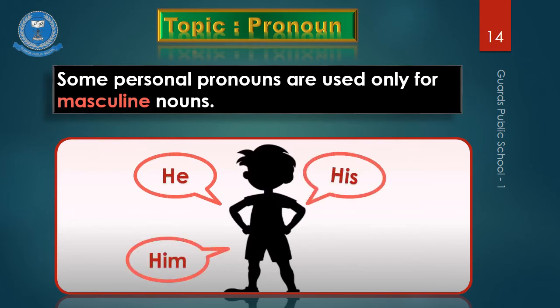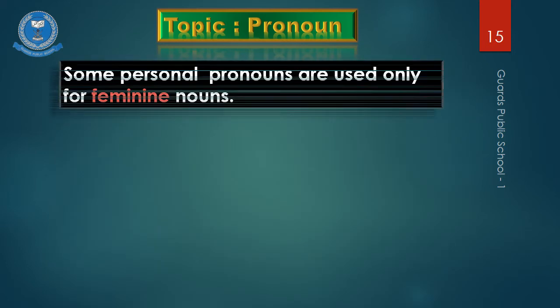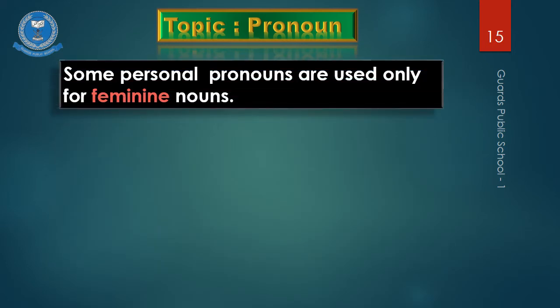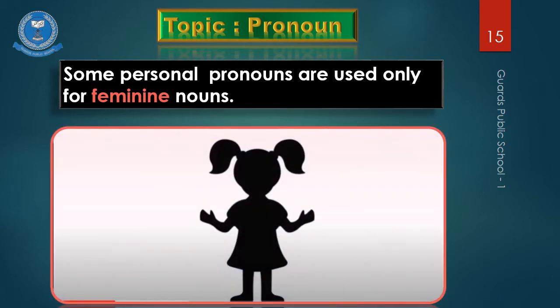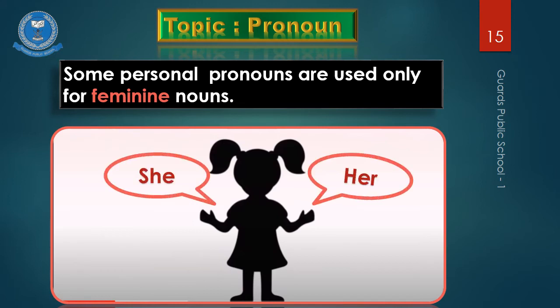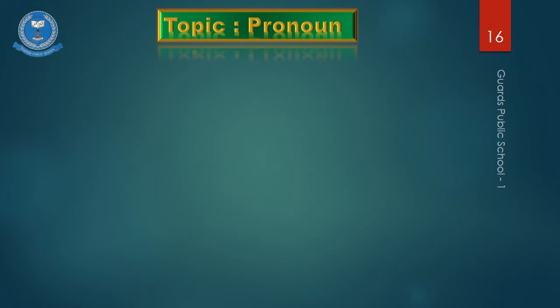Very good. So, students, some personal pronouns are used only for feminine naming words. Feminine means female genders. So, जो female के लिए यूज़ होते हैं वो कौन से होते हैं? She and her. Here comes the third part.